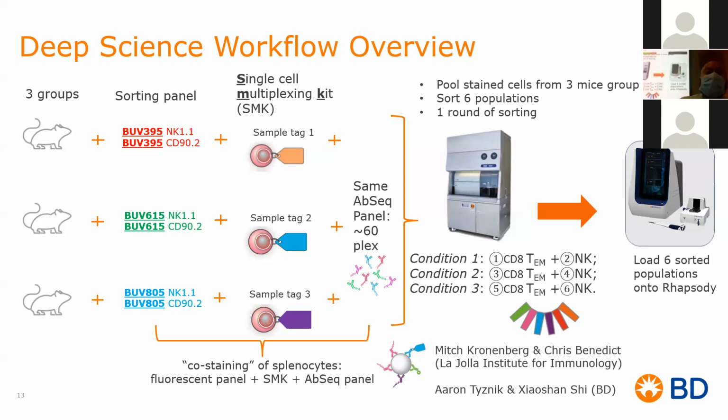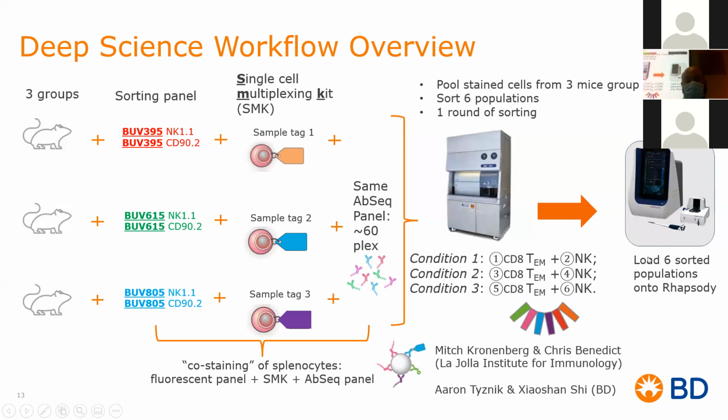We could use some pre-made panels that we have, like this one called the discovery panel. But if we don't have the tag, we could also conjugate it to your liking. So you're really not limited there. Then afterwards we went ahead, like I said, sorted and then ran this.